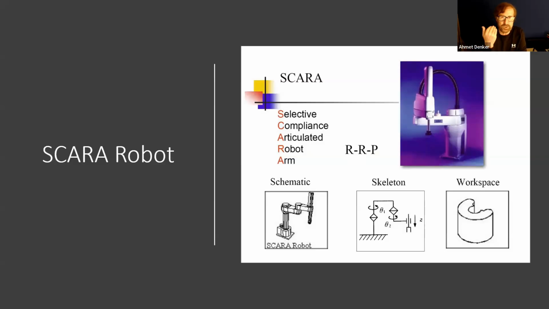How do we change it? By using two revolute joints. So here, this RR, when you put them together, is used to change the length of this arm, like we do.